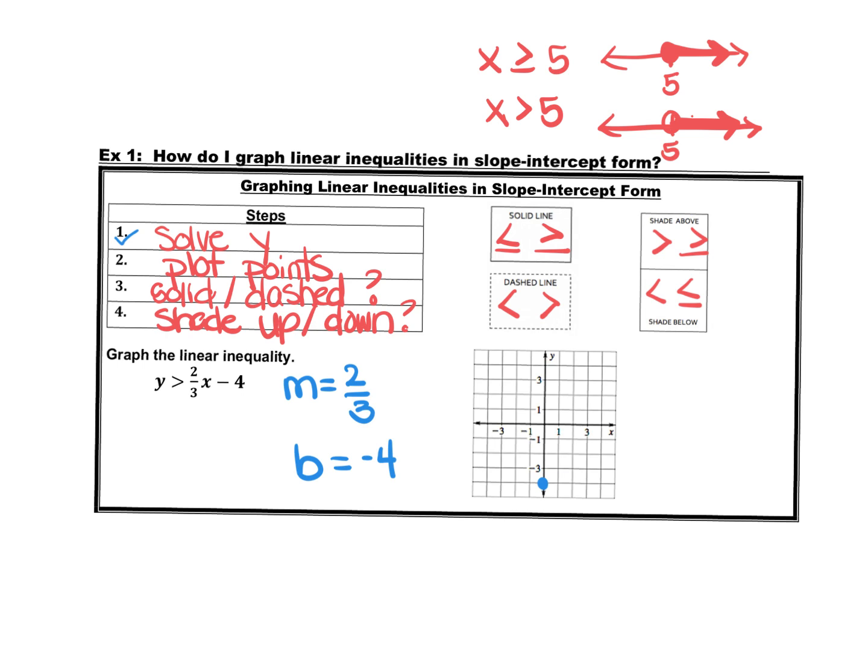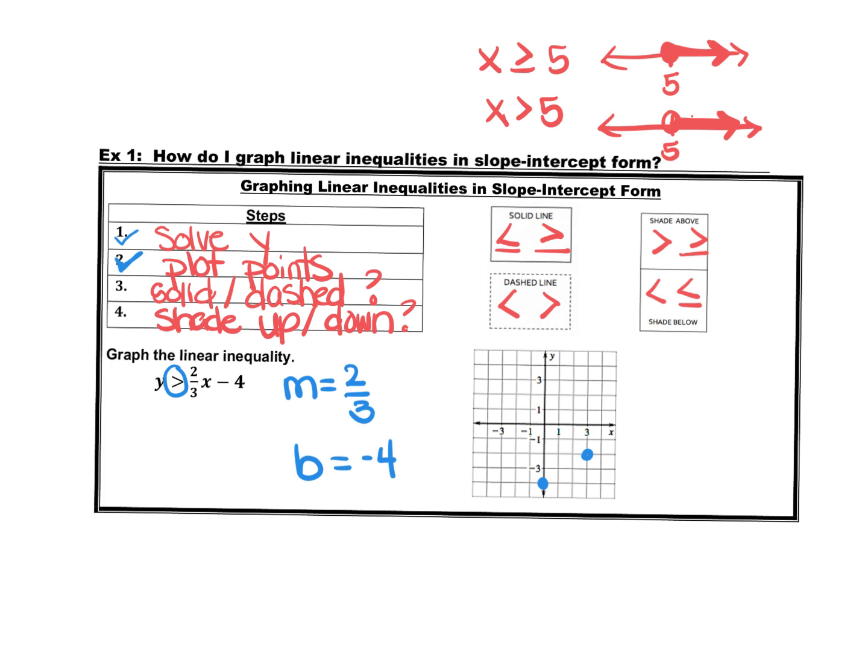From that point, we're going to go up 2 over 3. So go up 1, 2, and then go over 3. And now we've got these points plotted. Our next step is to determine if we're going to make the line a solid line or a dashed line. Take a look here: we have y is greater than 2/3x minus 4, so it doesn't have the equal sign.